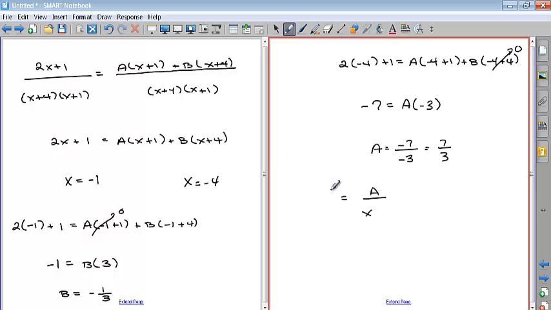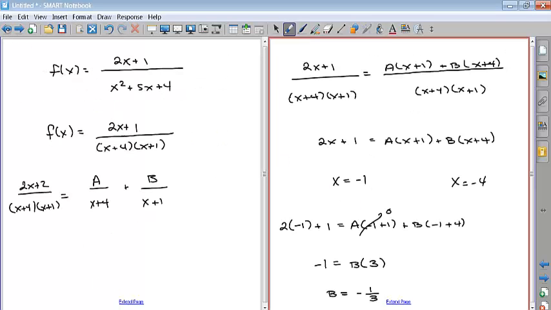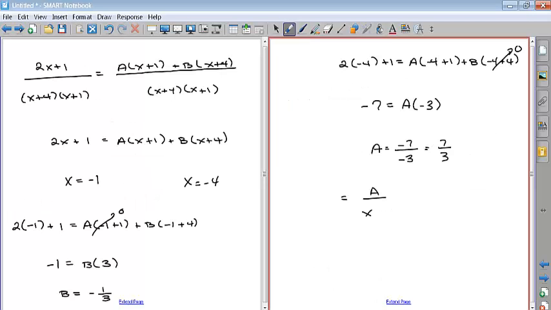So what that means is you take those two values, and remember what we did: a over x plus 4 plus b over x plus 1. So here we get 7/3 times 1 over x plus 4, and b was -1/3, so you have -1/3 times 1 over x plus 1.